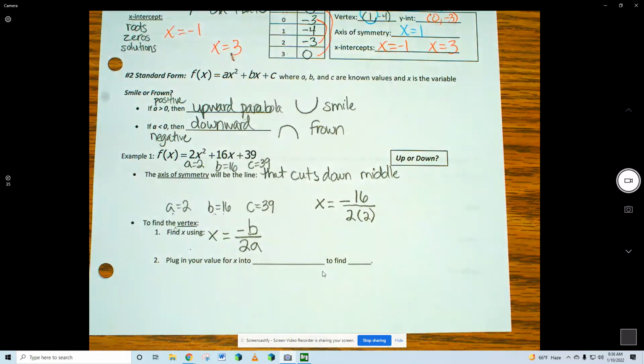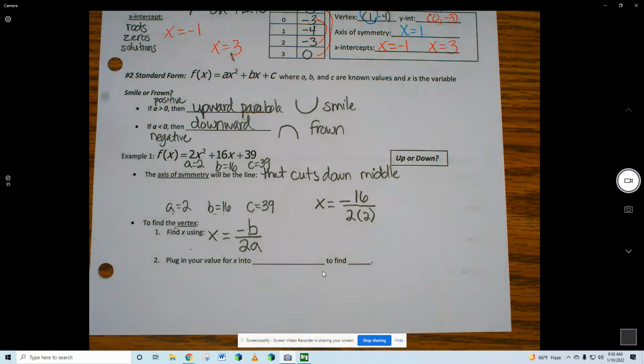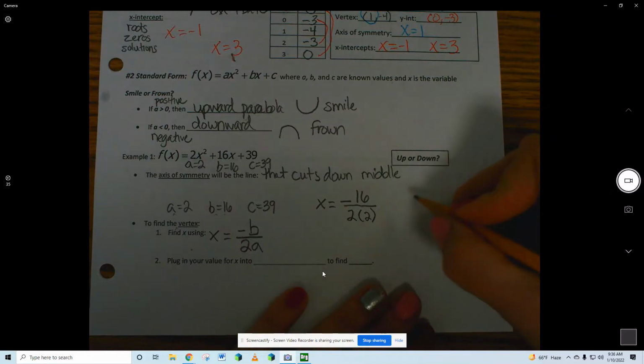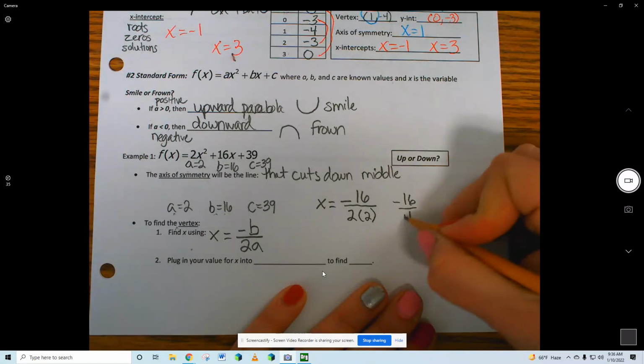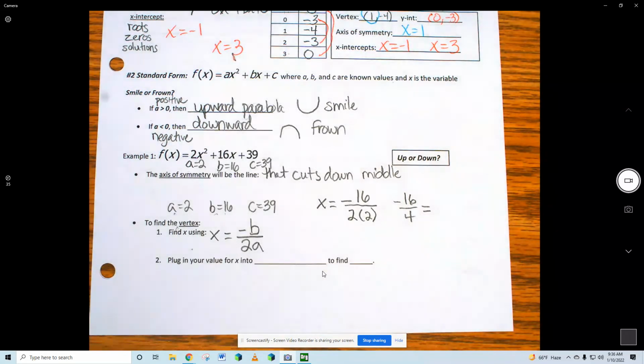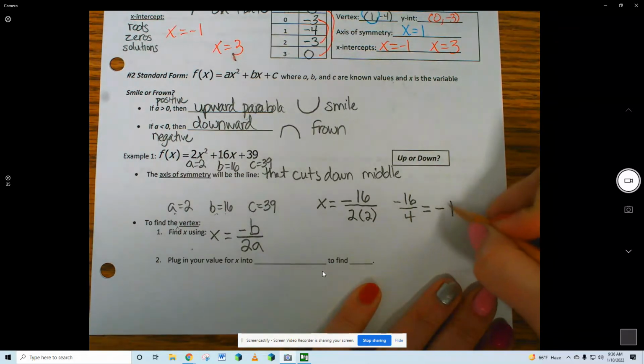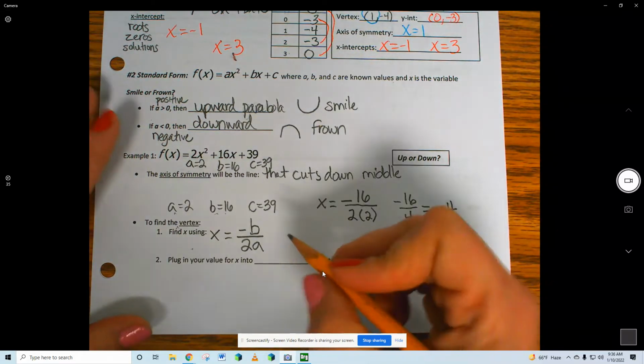Okay? So, negative 16 over 4. What's that? Negative 4. My x value is negative 4.